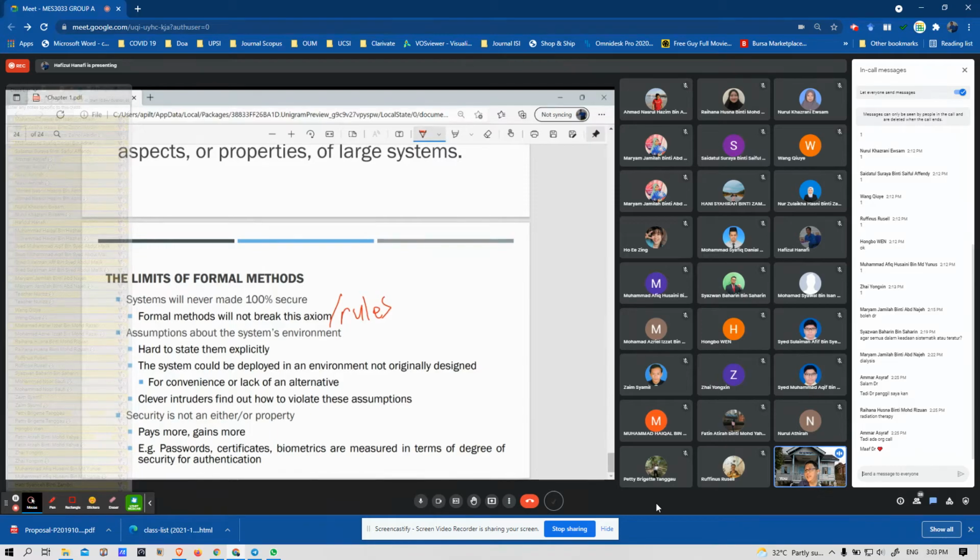And then we need some assumptions, firstly that formal methods are hard to state explicitly, because this one we need to model, and we need to have the system behavior differently.